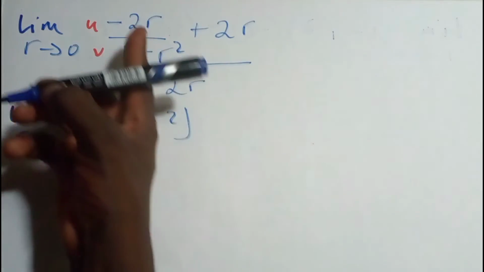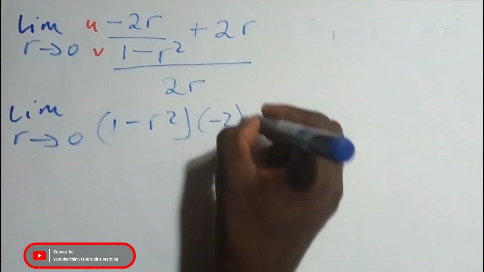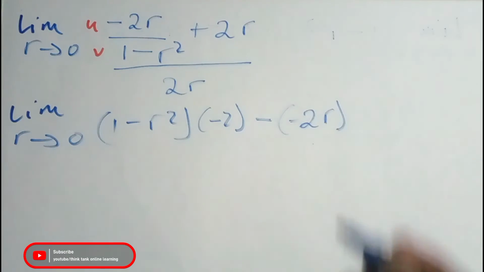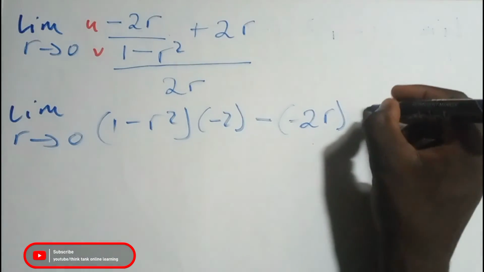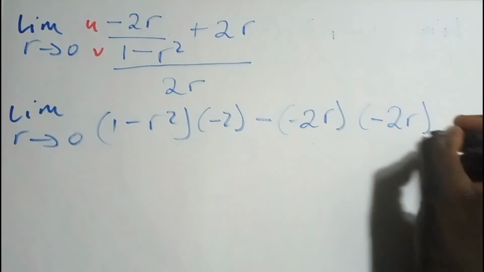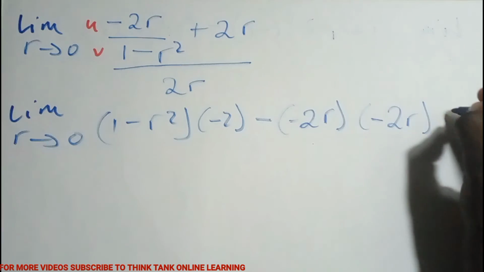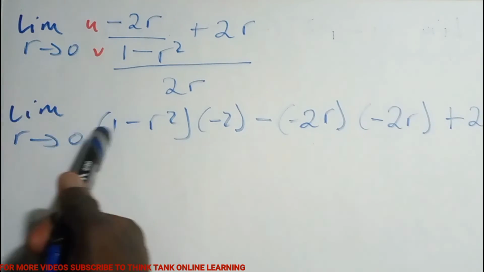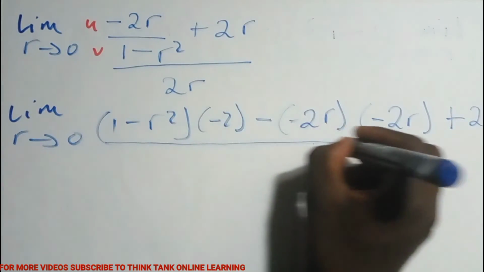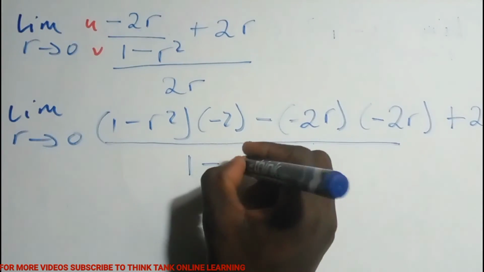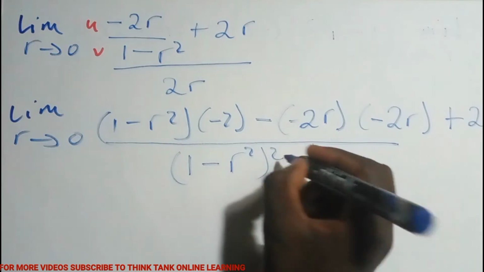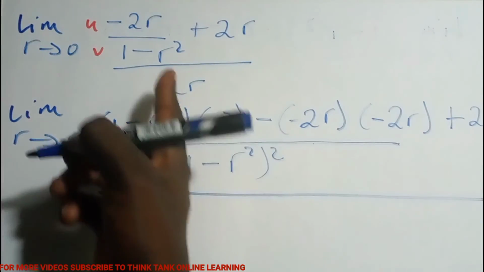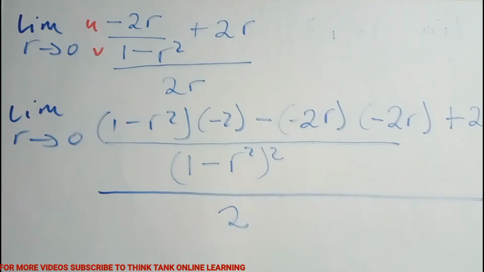If we differentiate negative 2r, we get negative 2, times 1 minus r squared, minus negative 2r times the derivative of v, which is negative 2r, plus the derivative of 2r, which is 2. Then this is over v squared, which is 1 minus r squared to the power 2, and we divide this by the derivative of 2r, which is 2.